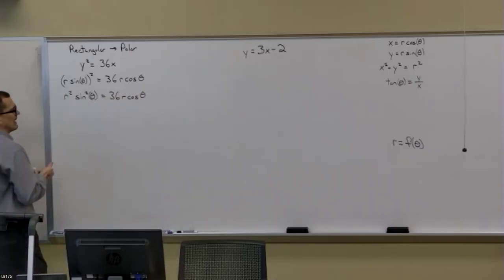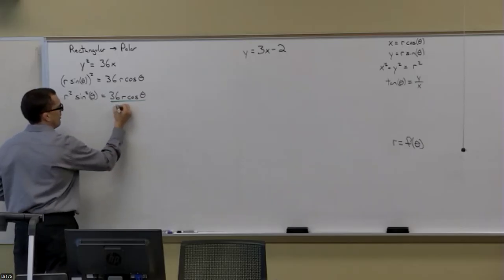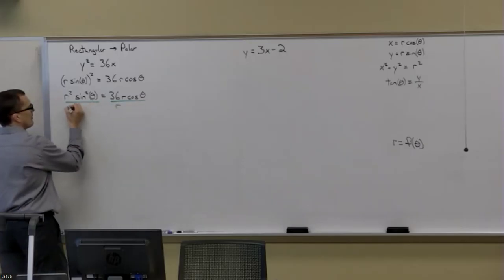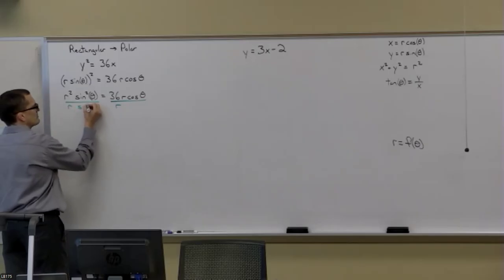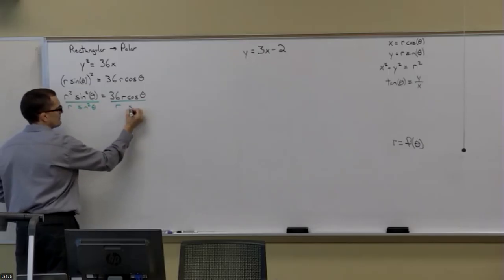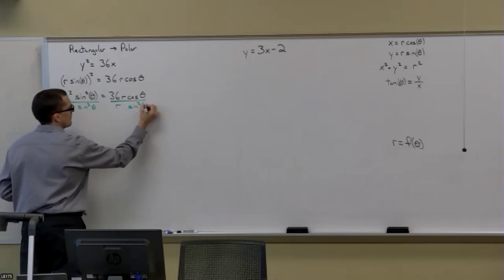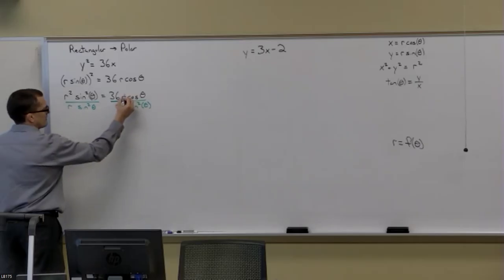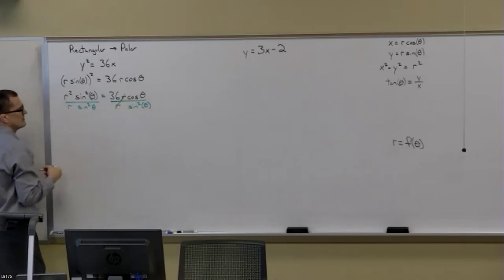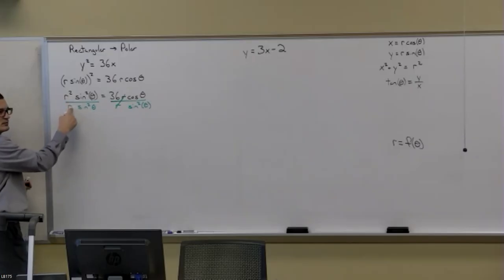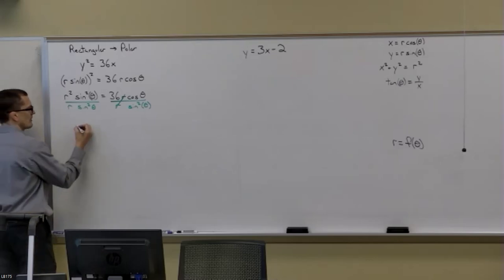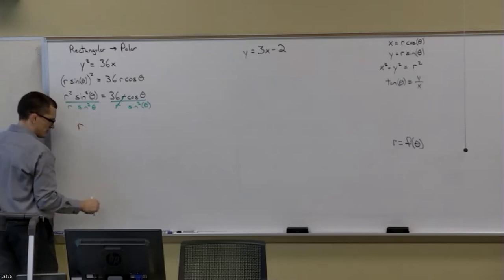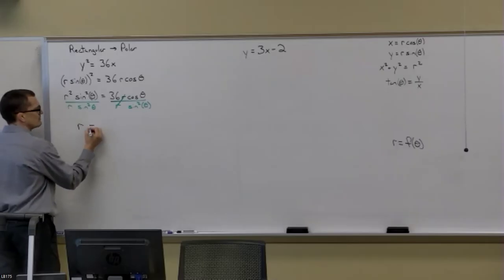What I would do is I would divide both sides by r, and then divide both sides by a sine squared. On the right, these r's will cancel. One of the r's on the top will cancel with this r on the bottom. So I'll just get a single r on the left. The sine squareds will cancel.